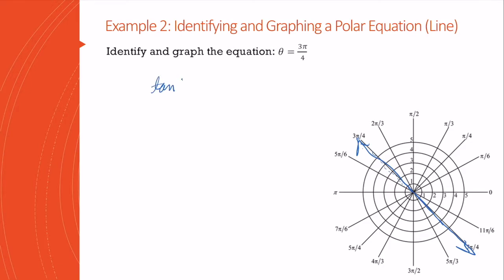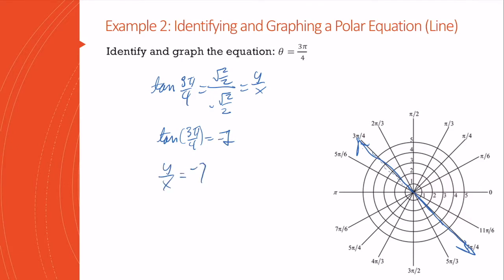The tangent of 3 pi over 4 is at the point where x is negative square root of 2 over 2 and y is square root of 2 over 2. That means the tangent of 3 pi over 4, which is y over x, is negative 1. So I have y over x equals negative 1. Solving for y, I get y equals negative x, right? That looks like something in slope-intercept form, where the y-intercept in this case is 0.